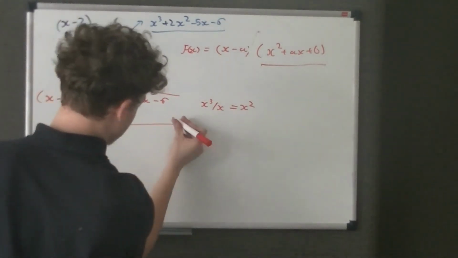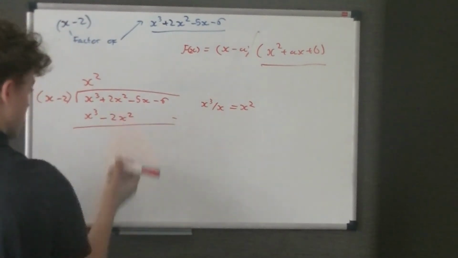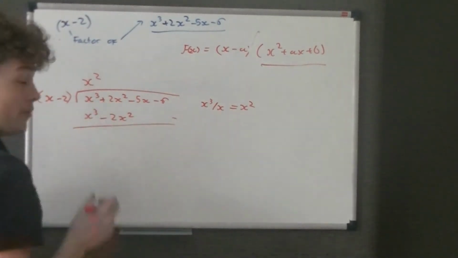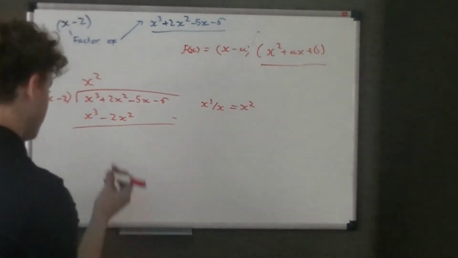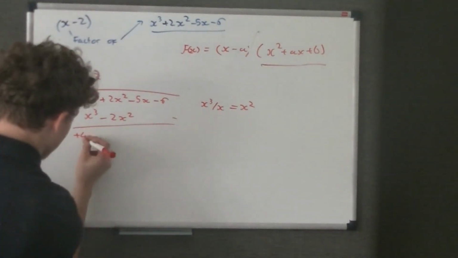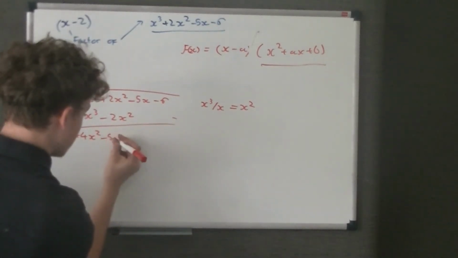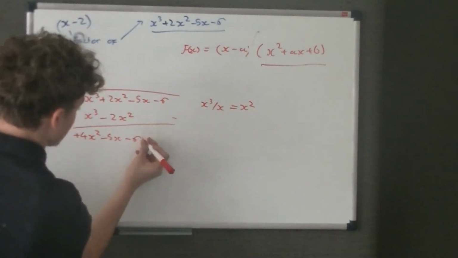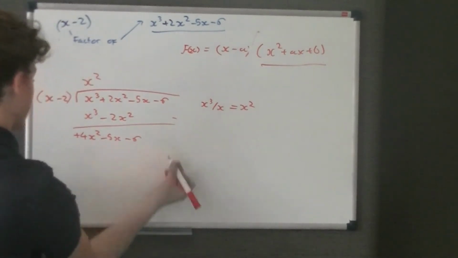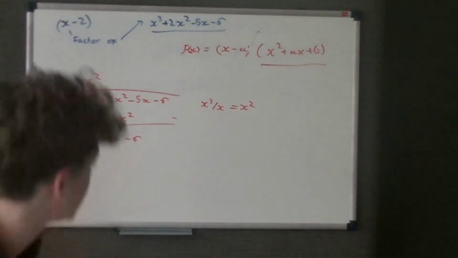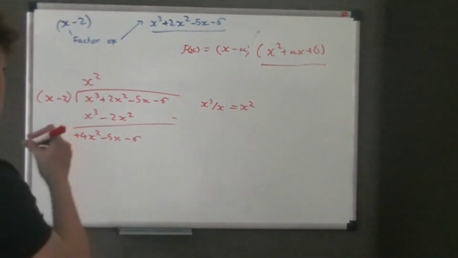Then we take them two equations away. The x cubed cancels out, but if you take away a negative, you're basically adding it. So it's plus 4x squared, take 5x, take 6, as we've not done anything with these terms here. Yeah, that's right. So that's our main bit.